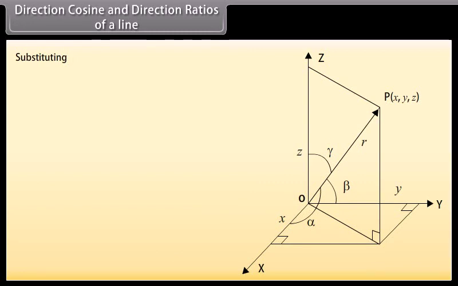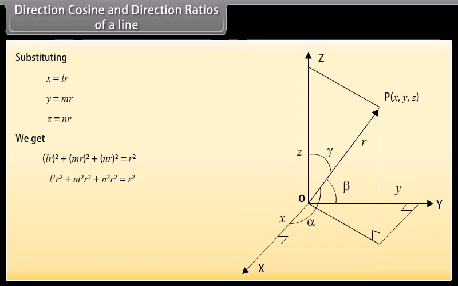Substituting x equals Lr, y equals Mr, z equals Nr, we get Lr square plus Mr square plus Nr square equals r square. L square r square plus M square r square plus N square r square equals r square. L square plus M square plus N square equals 1.